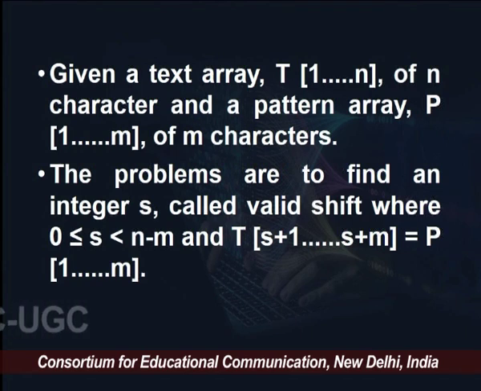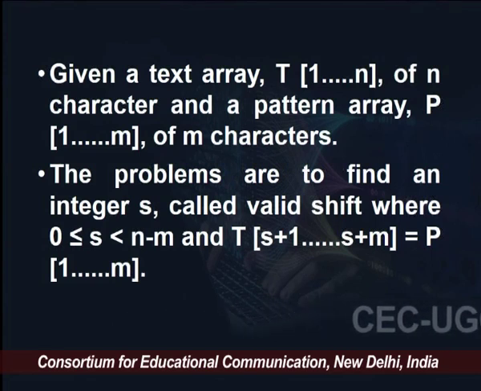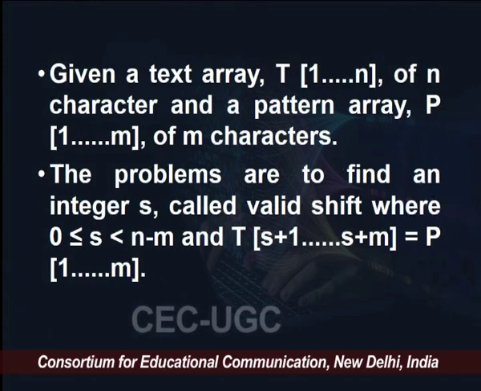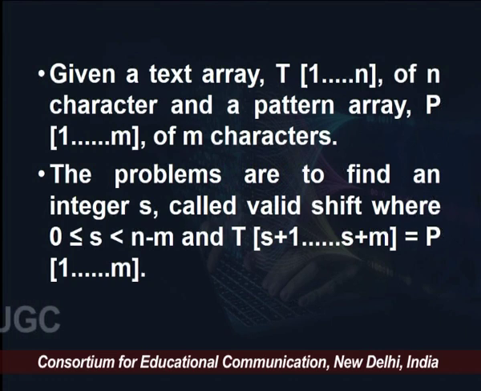We also have a pattern array that is to be looked for inside T. That pattern array is named P, and it has the size of m characters, from 1 to m. So, T is from 1 to n, and P is from 1 to m.